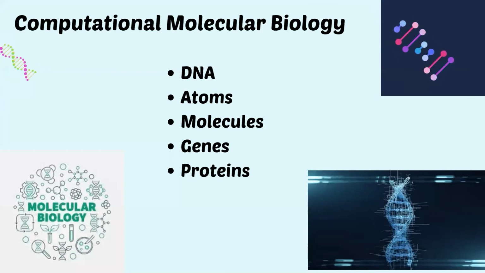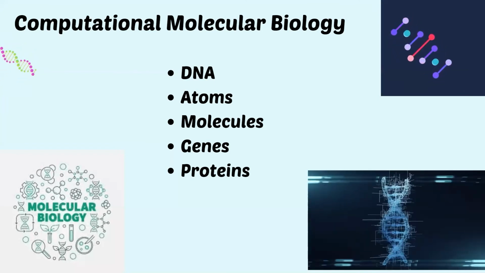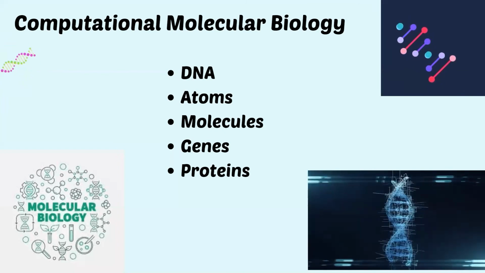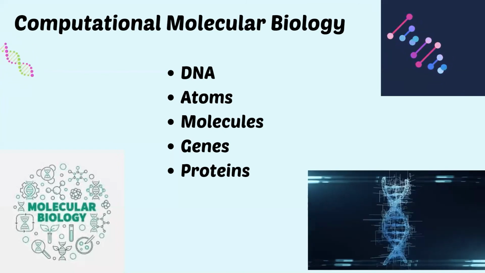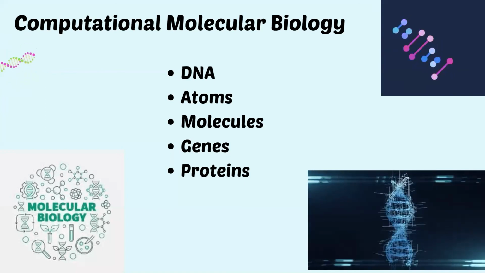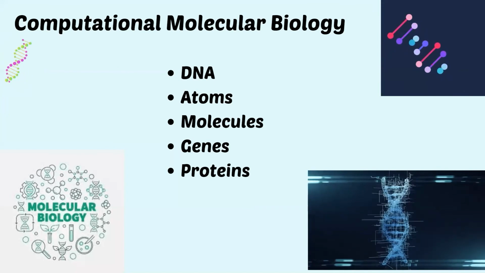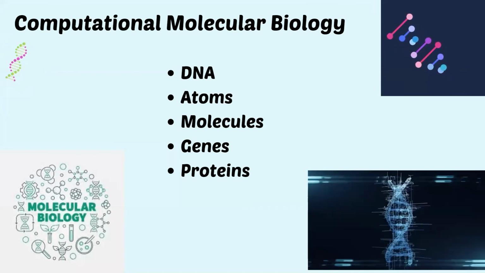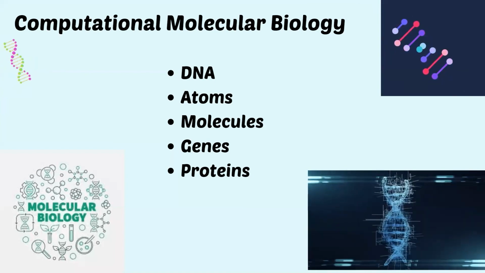All this we are using this permutations and combination concept, for the matching and all. So the permutation problems for sequencing, DNA sequencing regarding the atoms, molecules, genes, or protons, for DNA matching, all these concepts need permutations and combinations. So it's being used in the computational molecular biology sector also.